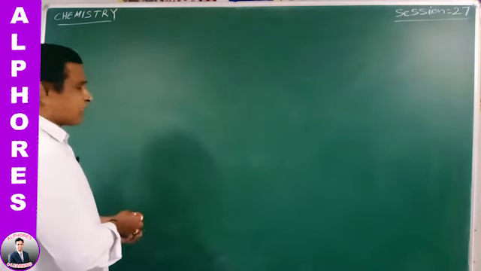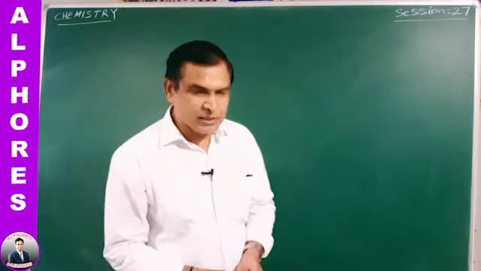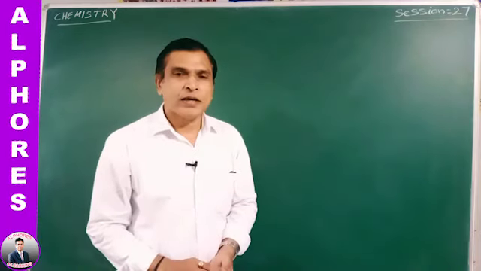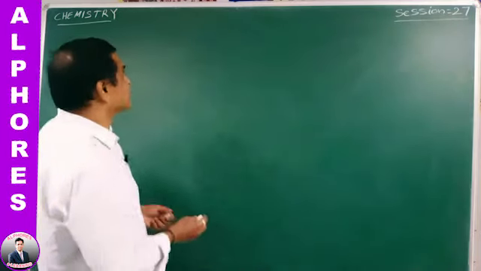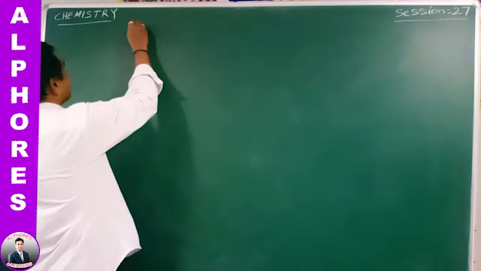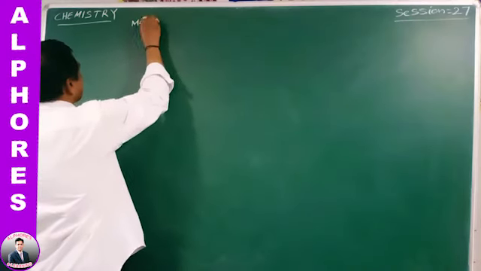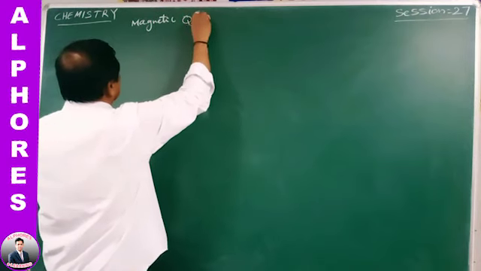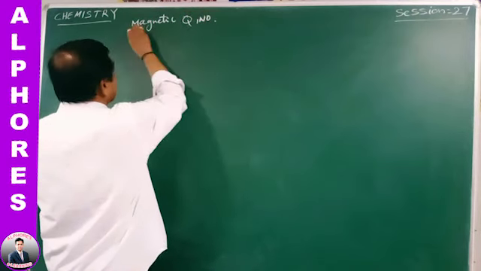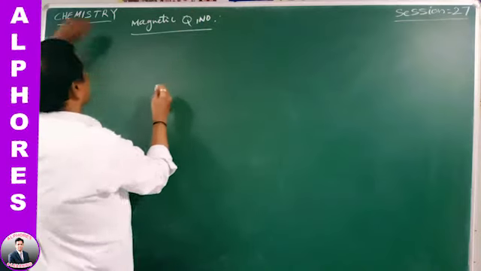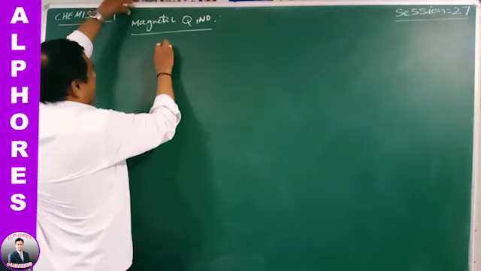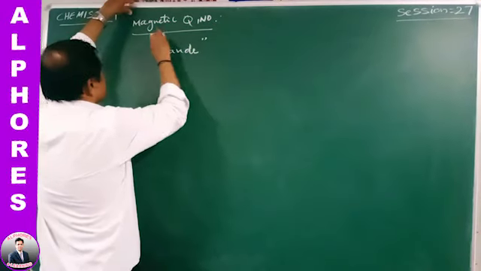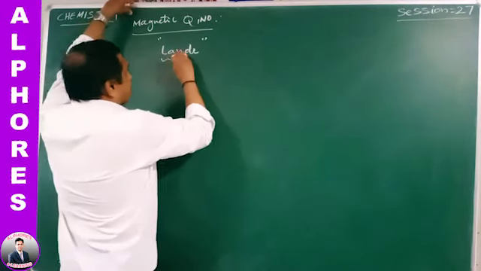In the last session, that is the 26th session, we were discussing quantum numbers. We had the introduction about the magnetic quantum number. The magnetic quantum number was explained by the scientist Landé.